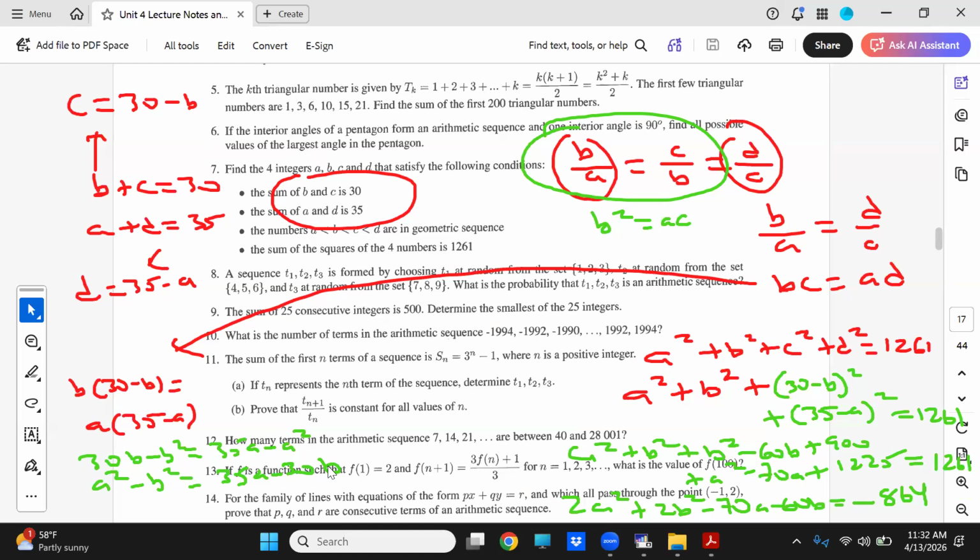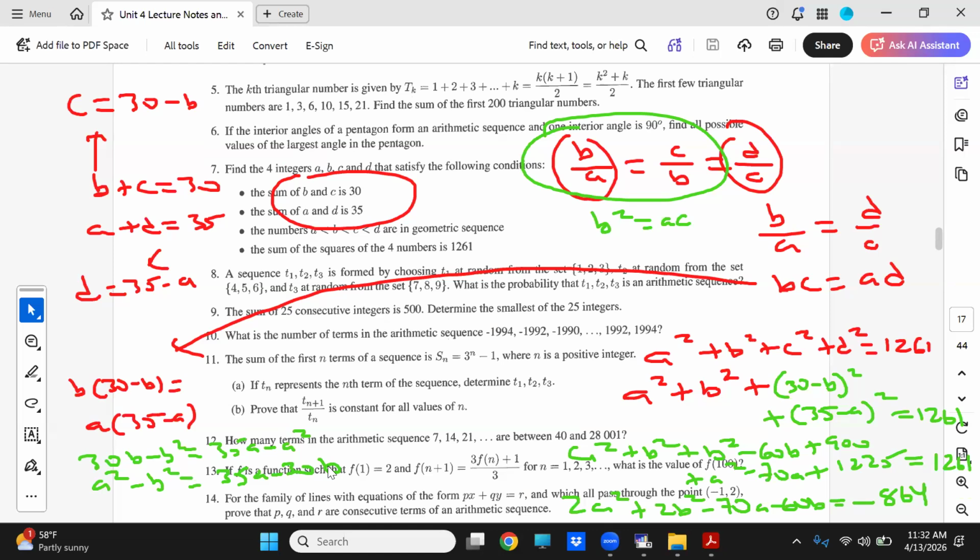If I bring the other equation back into the mix, we'll stack it. 2A squared plus 2B squared minus 70A minus 60B equals 864.